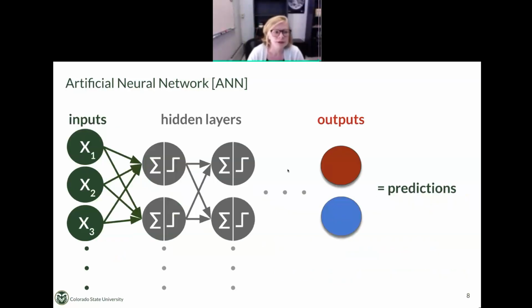We can have more than two inputs, for example, thousands of inputs, such as a map. We can also have more than one node, so these gray circles here. And then we can also have more than one hidden layer. For example, this has two hidden layers, each of multiple nodes. Then there's something called an output layer, which we often refer to as our predictions.